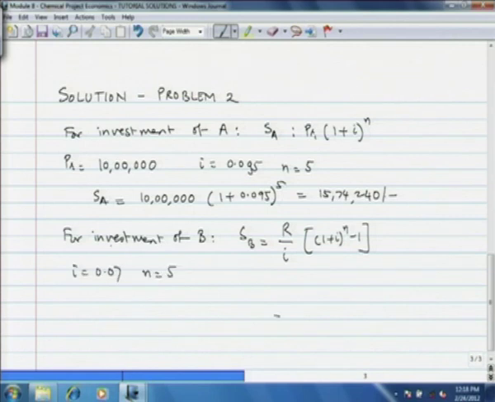For investment of B, the formula is SB is equal to R by I into (1 plus I) to the power n minus 1, where R is his annual deposit, which we have to find out.